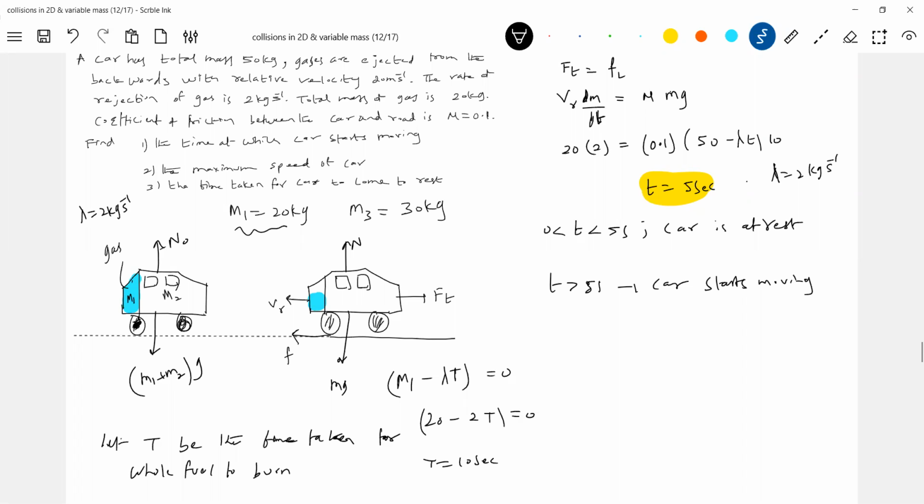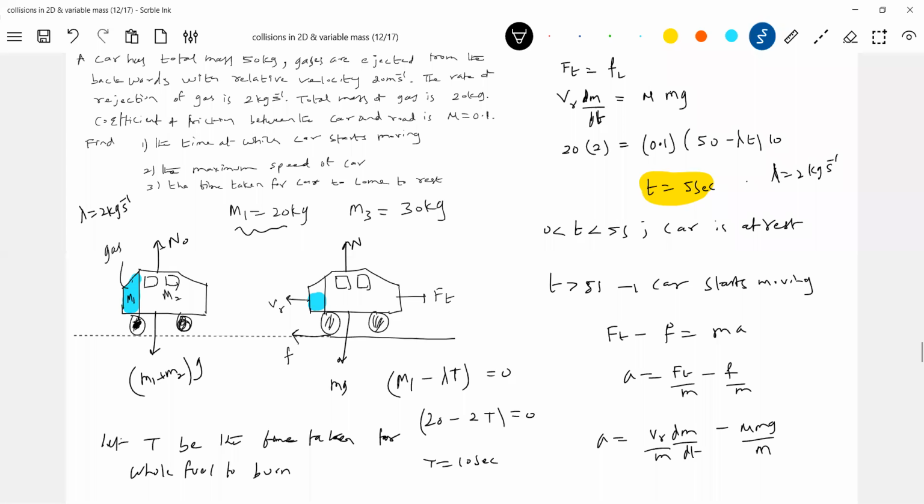So let's write now the equation. Ft minus F equal to ma. What is Ft? Thrust force. And what is the acceleration? Ft by m minus F by m. The thrust force is VR dm by dt, this is m, minus what is F? F should be equal to mu mg.